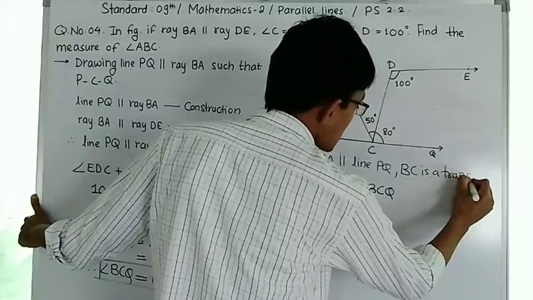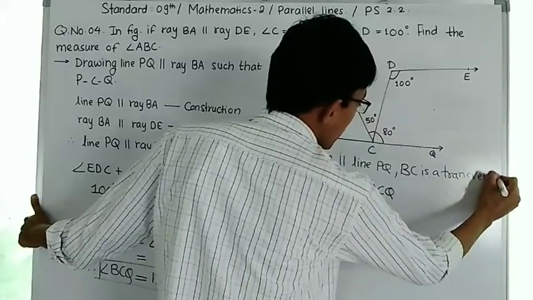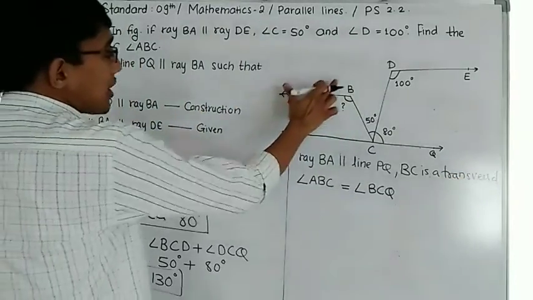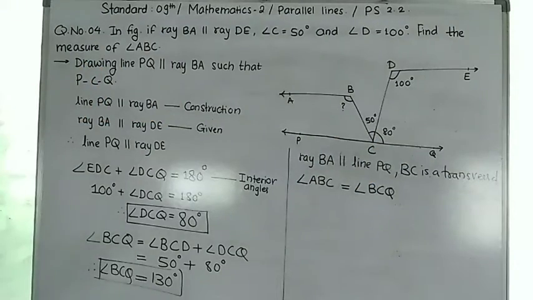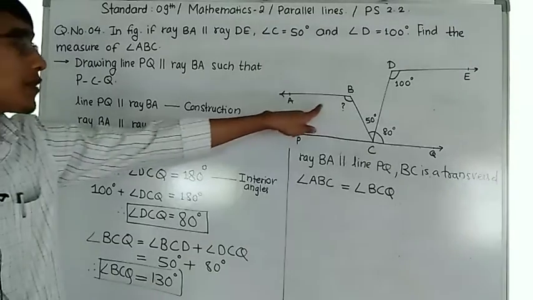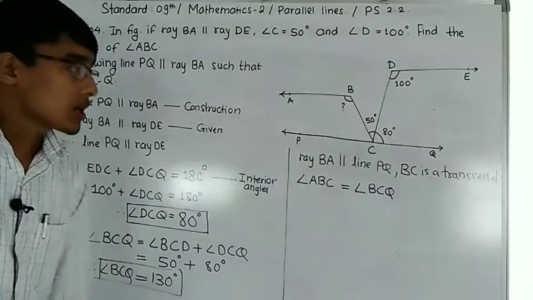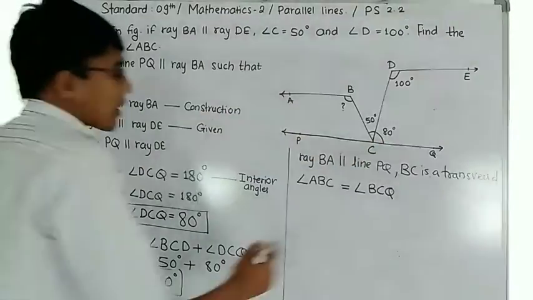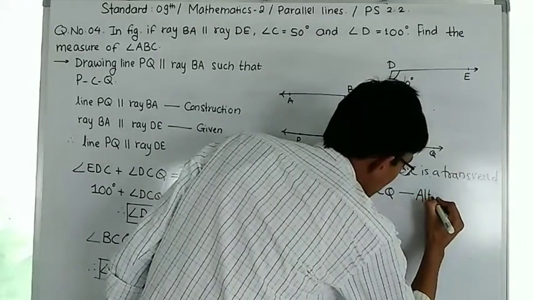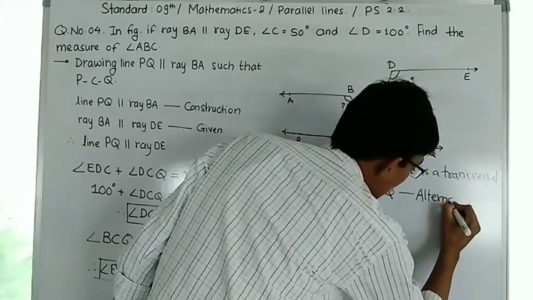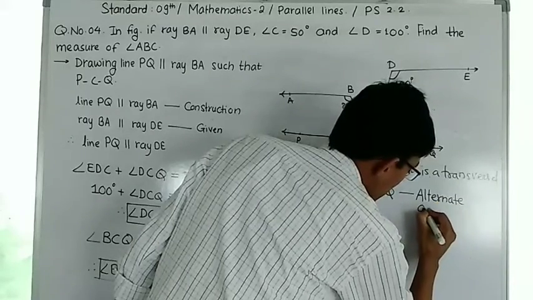So in that case, angle ABC and angle BCQ are going to be alternate angles. As we know, alternate angles are equal to each other when they are formed by two parallel lines and a transversal.